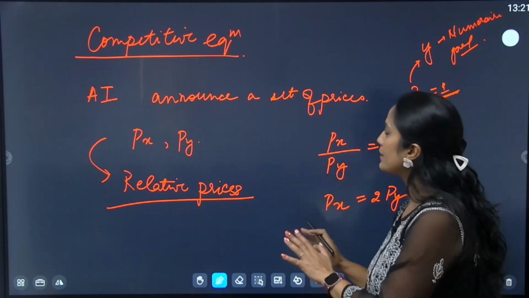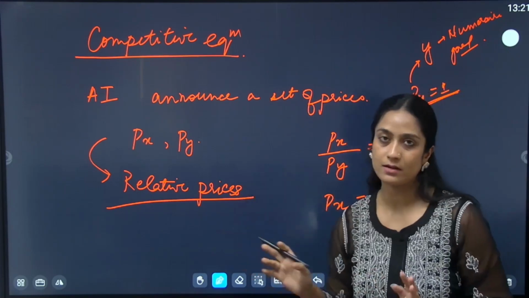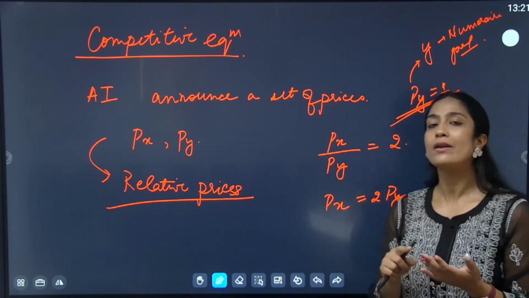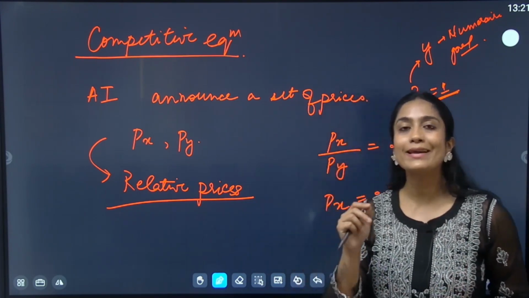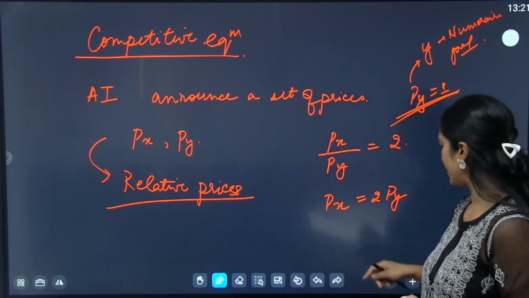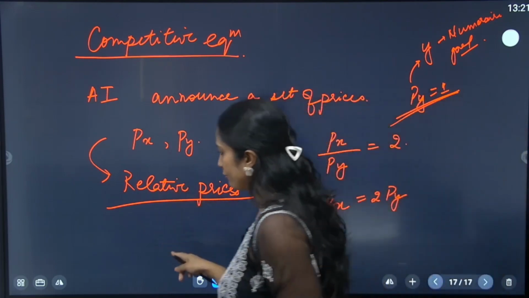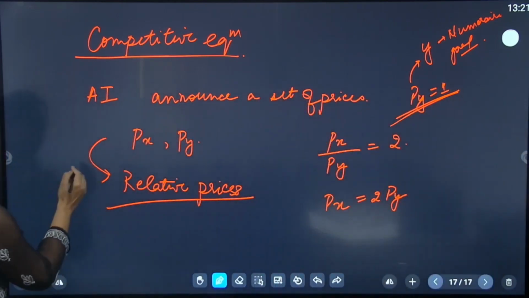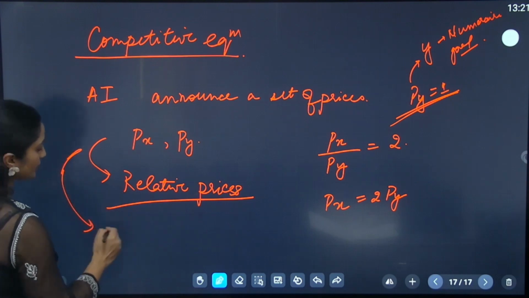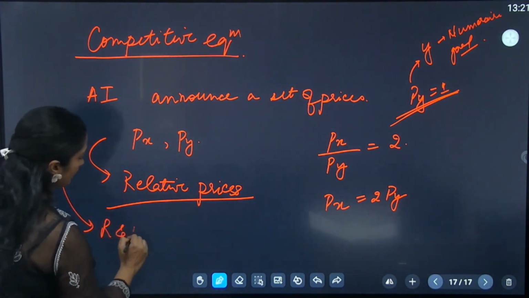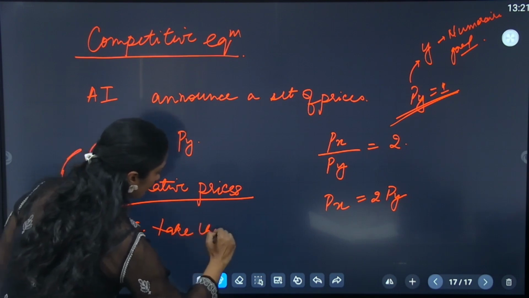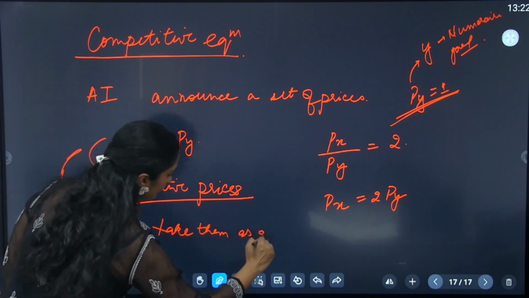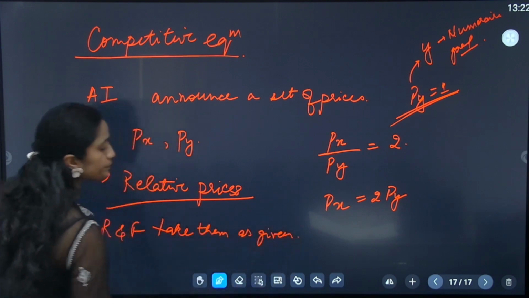The second thing is that once the prices are announced, Rahul and Fiza cannot affect the prices. So they take the prices as given, right? So first is that these are relative prices. The second thing is that Rahul and Fiza take them as given. Okay.